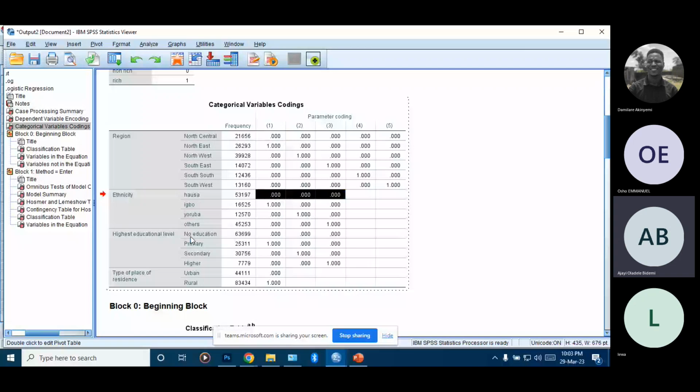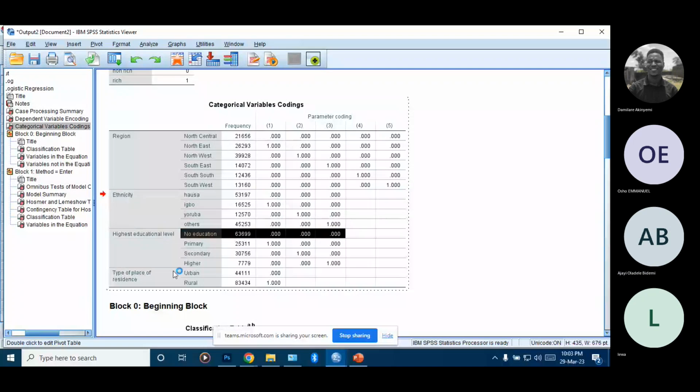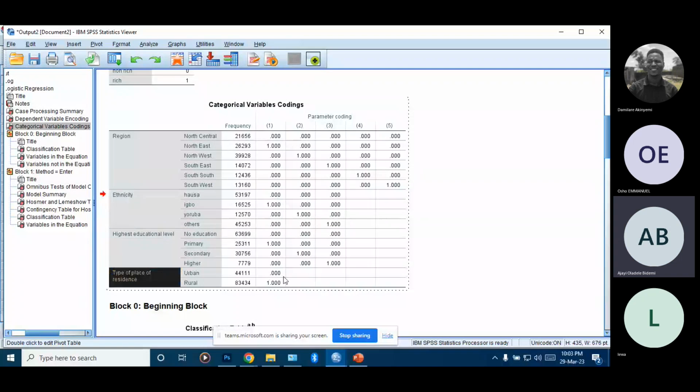For highest educational level, the reference category is no education, the first category. And for the place of residence, it didn't create a dummy for urban. It only created a dummy for rural. So my reference category is the urban area. Now let's move on.